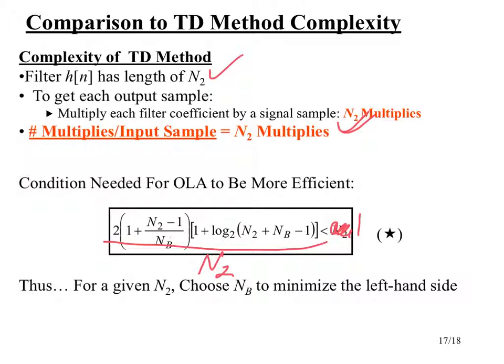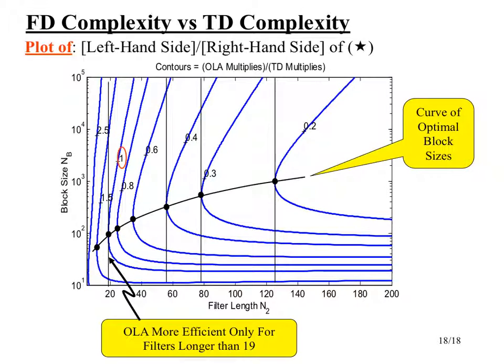We'll compute that ratio on the left-hand side and look to see when it is less than 1 and when it is greater than 1, and how we choose NB for various values of N2. So what we'll do is make a plot of this for different values of N2 and for different values of NB, and we'll look at the result of this ratio. A nice contour plot, which we can do in lab, allows us to do this.